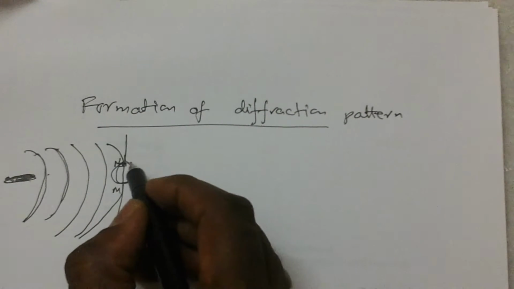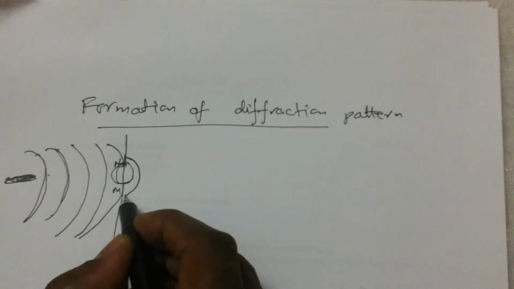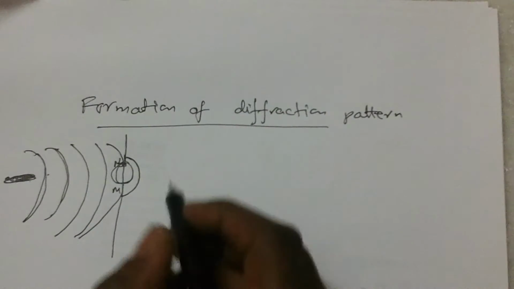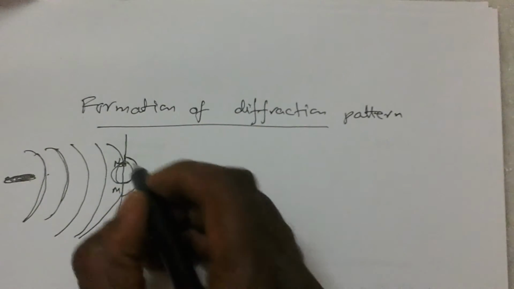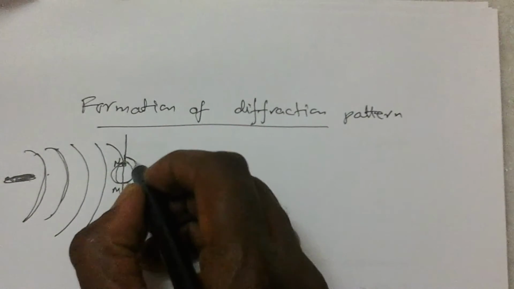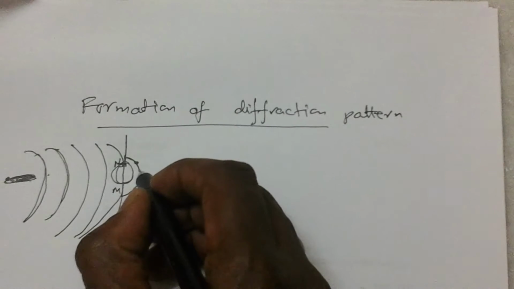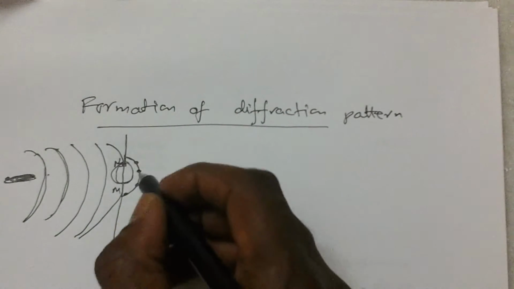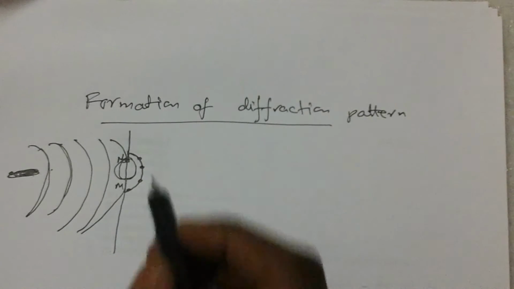After falling, the spherical wavefronts emerge out from the slit like this. From this point of the slit, we again get a spherical wavefront. On this spherical wavefront we have so many points.